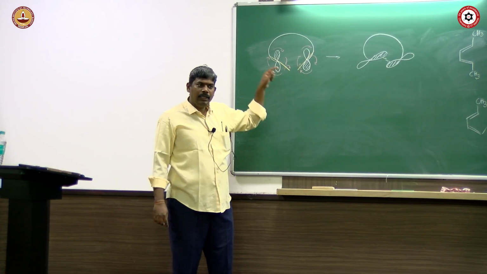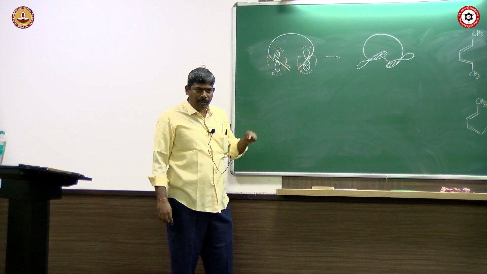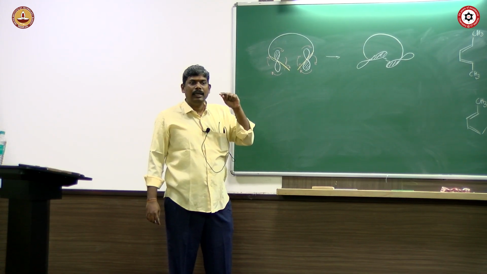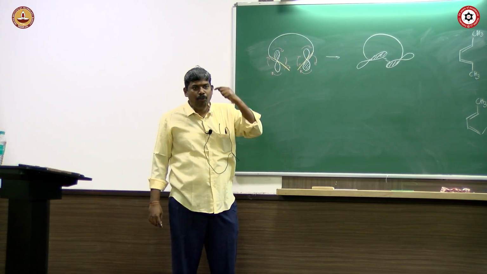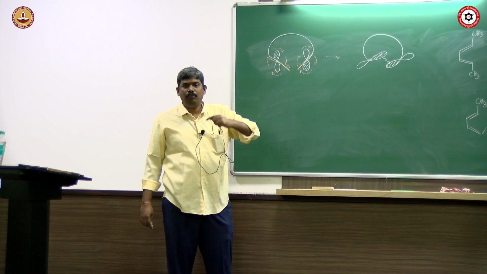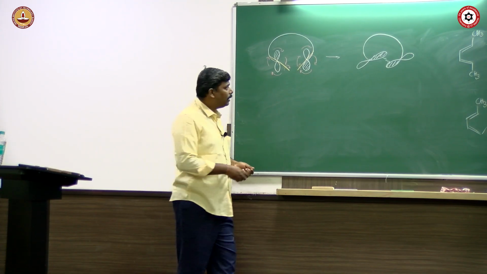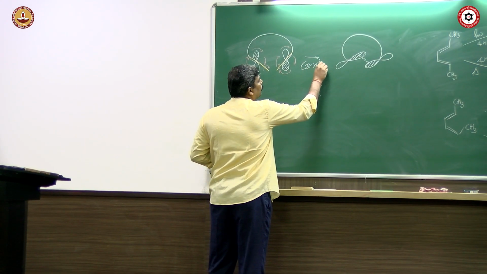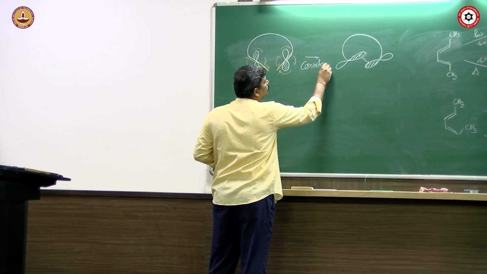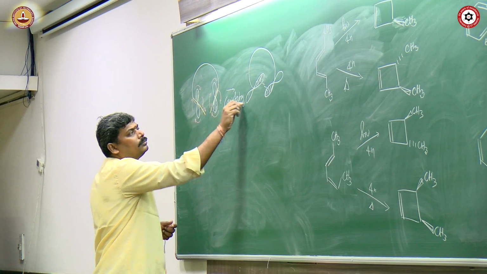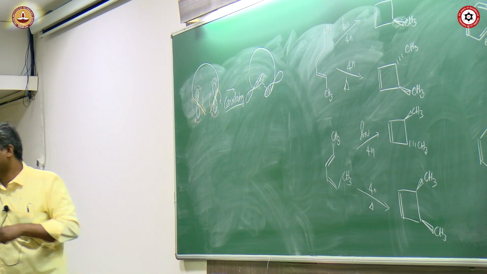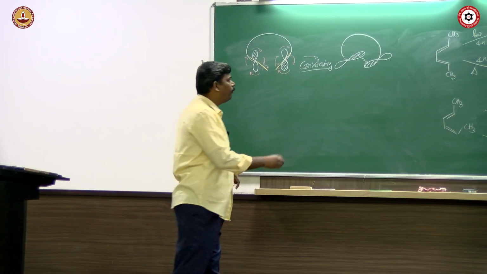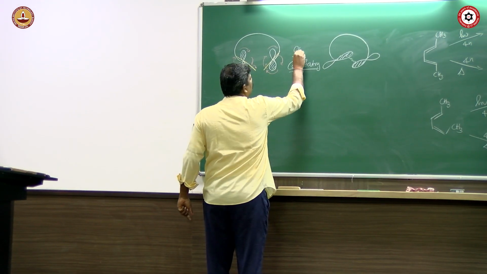So if both the ends rotate in the same direction, both clockwise or both anti-clockwise, they are called conrotatory. Okay. In a simpler form, what we say is a con.